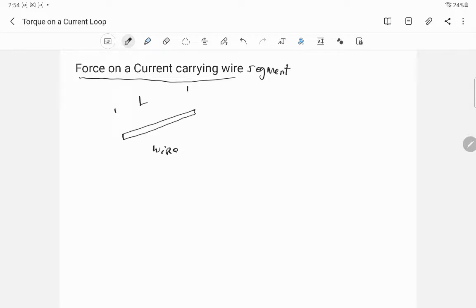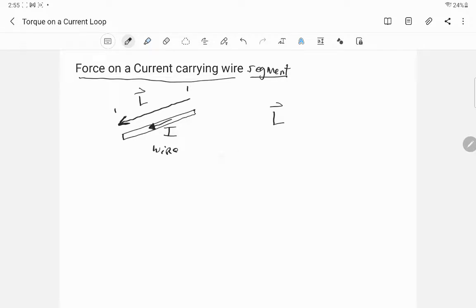And let's imagine the current flowing along this section of wire has a current flow value I. Because the current is flowing towards the left, we can assign an L vector, which has the length of the segment, and the direction of the L vector is in the same direction as the current flows along the length of that piece of wire.